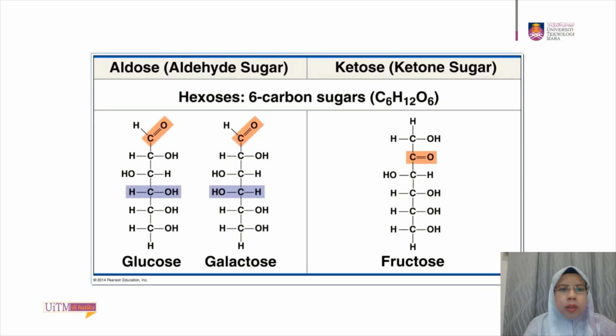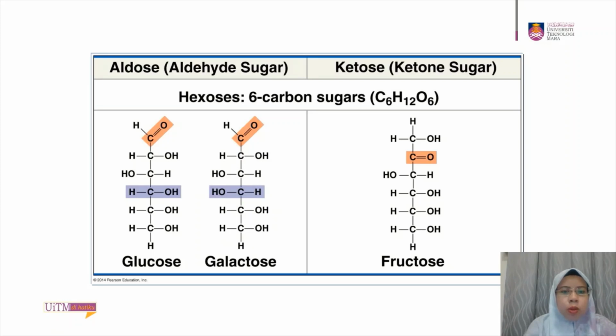Okay, now we look at the difference between aldose and ketose. This is an example. Glucose and galactose are examples of aldose, and fructose, an isomer of glucose, is a ketose.